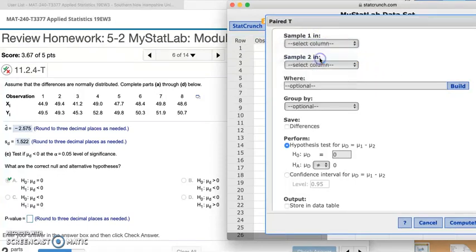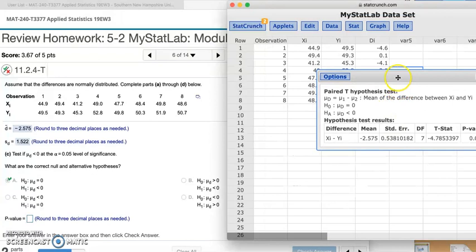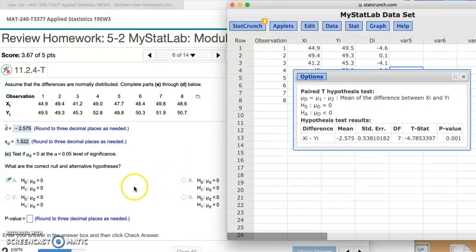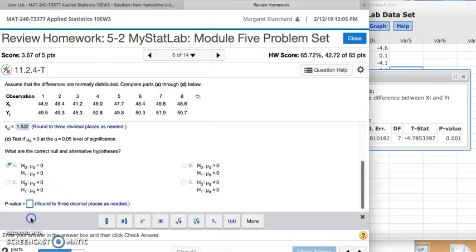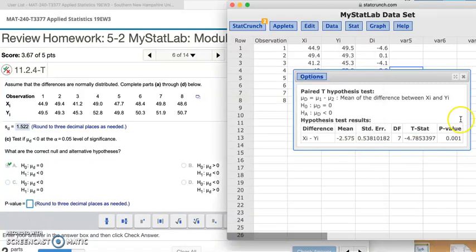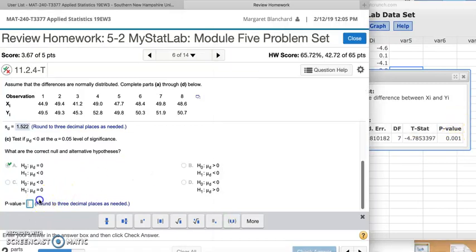Column 1 is xi. Column 2 is yi. So this one we have a hypothesis test. Our null is that the difference is equal to 0. The alternative is that the difference is less than 0. So let's click compute. And there's our p-value of 0.001. You see that right there under that p-value column. 0.001.